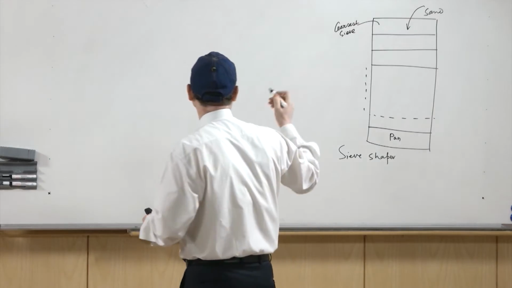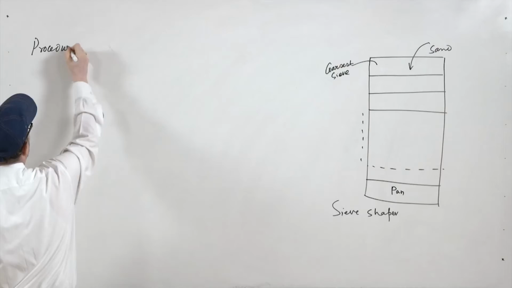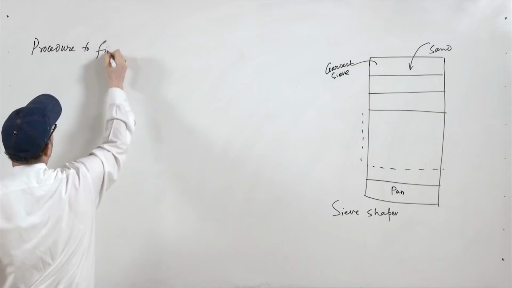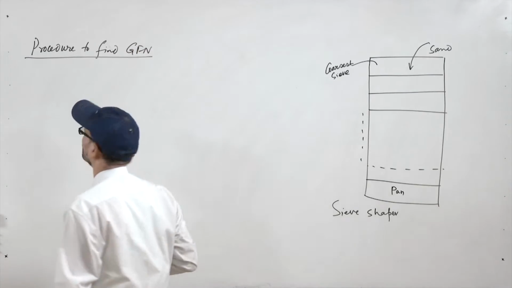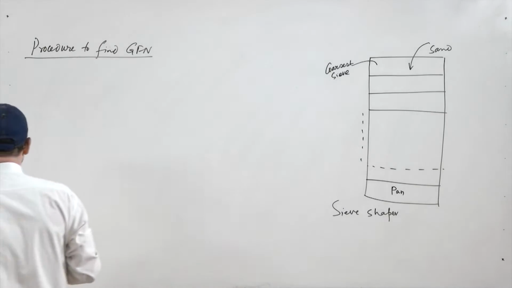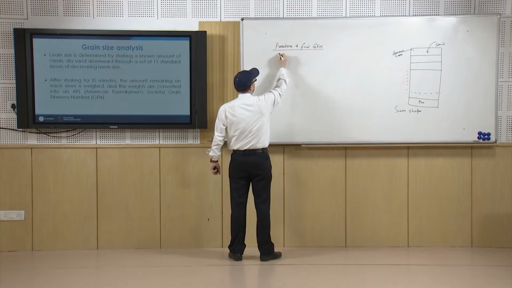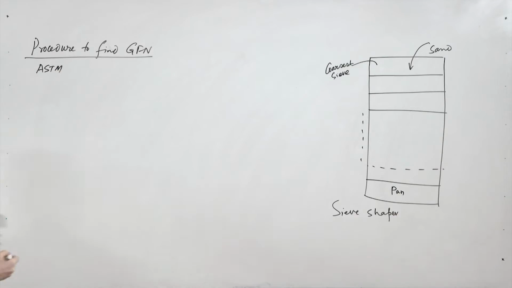So, basically the procedure is to find the grain fineness number. For that you have the different sieves, and as per the ASTM sieve number you have different numbers.